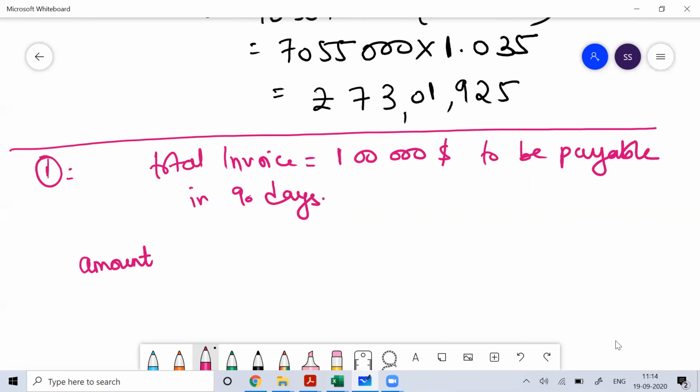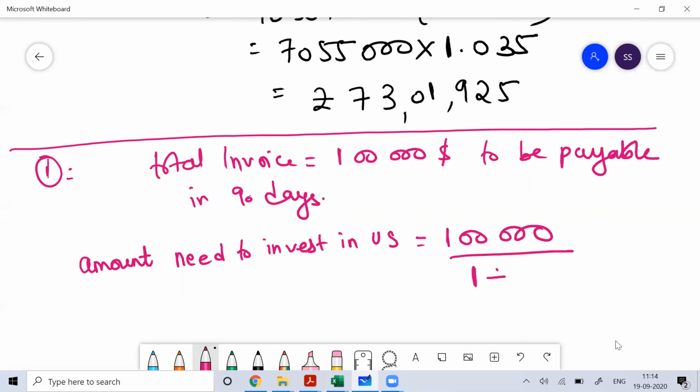If I talk about money market hedging, then the amount you need to invest in the US, if the rate of interest is 10%, is 1 lakh divided by 1 plus 10% divided by 4, because 10% is per annum, so for 3 months that would be 2.5%.